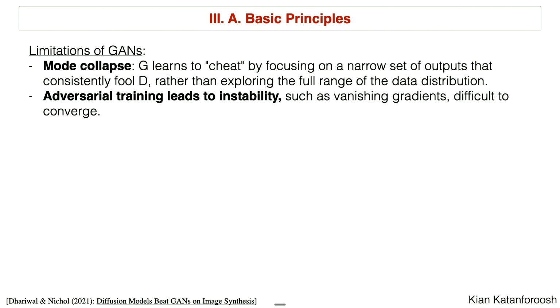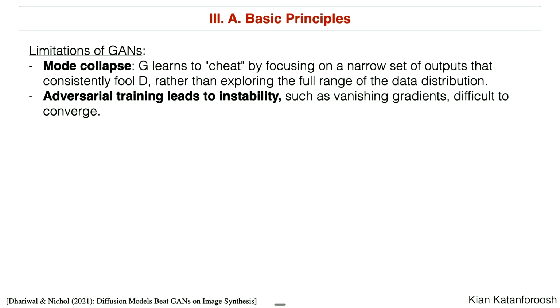Mode collapse, which is the thing you brought up. G essentially learns to cheat by focusing on a narrow set of outputs rather than actually learning the underlying distribution, and that is a problem. On top of that, GANs consist in training two models simultaneously, which makes it way more complicated than training a single model because of the dependencies between those two models.